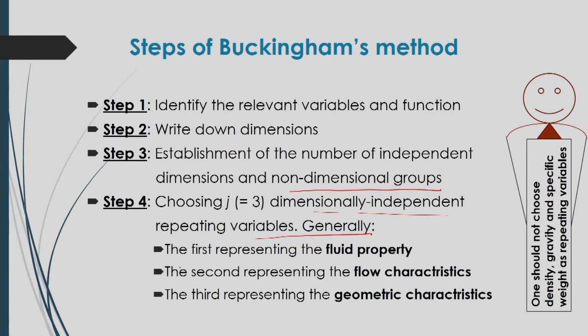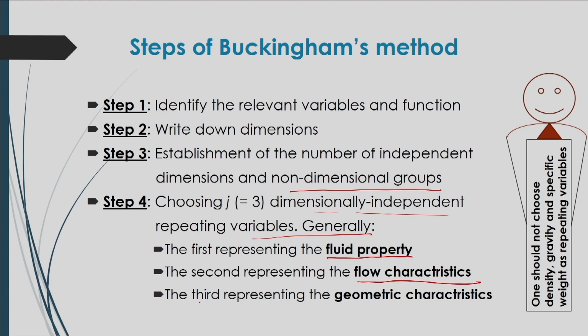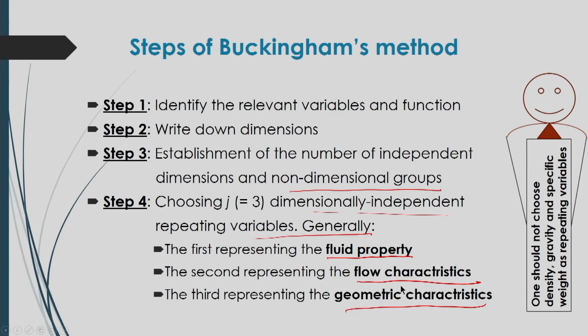Generally the first repeating variable will be fluid properties, the second is flow characteristics, and the third will be geometric variables. So, in that way you have to select these repeating variables.